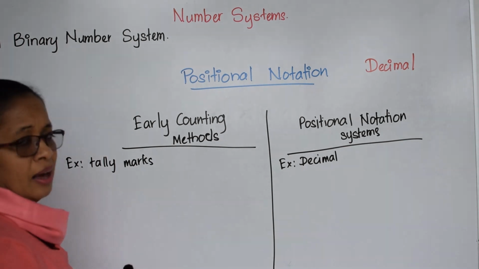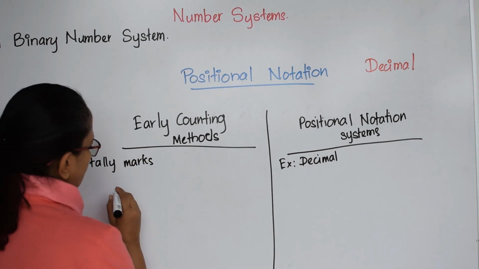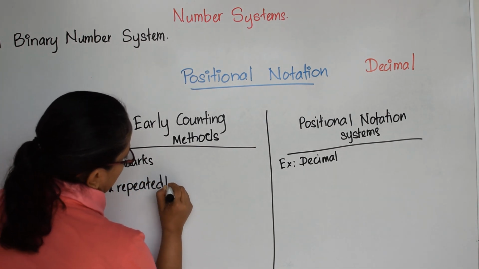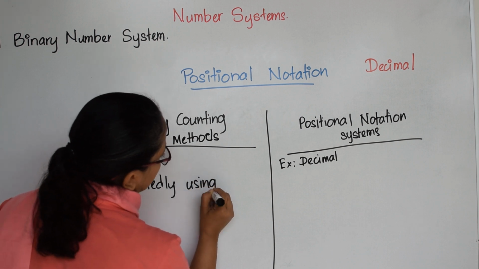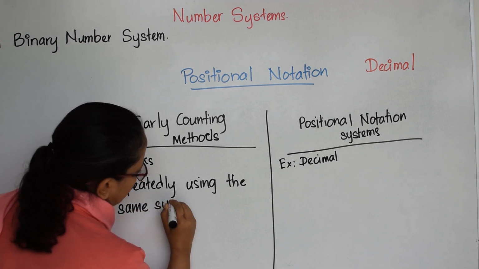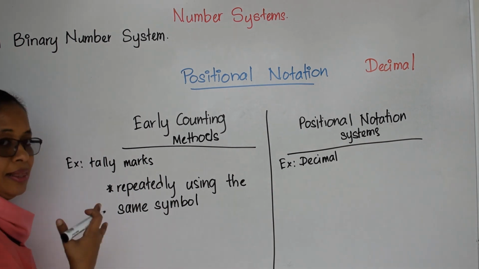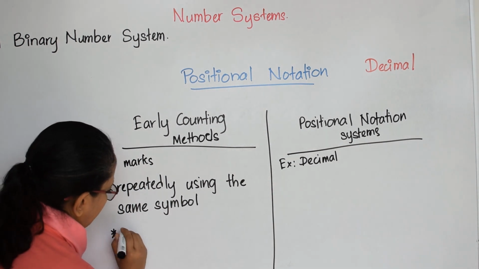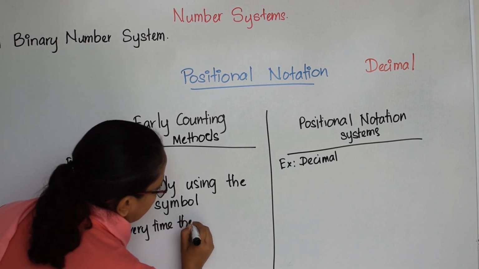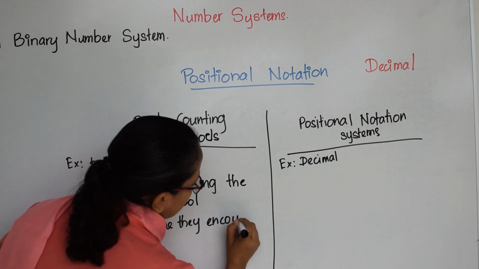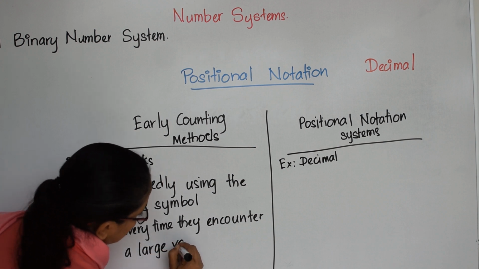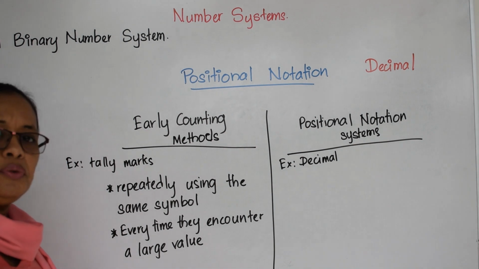So what was the significance? In early counting methods, they were repeatedly using the same symbol, and every time they encountered a large value, they introduced a new symbol.